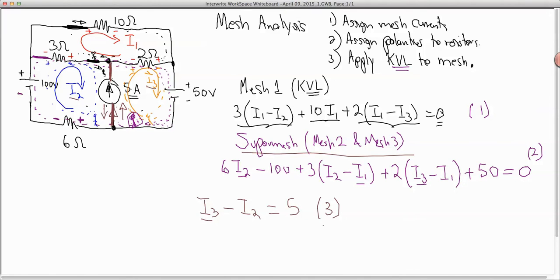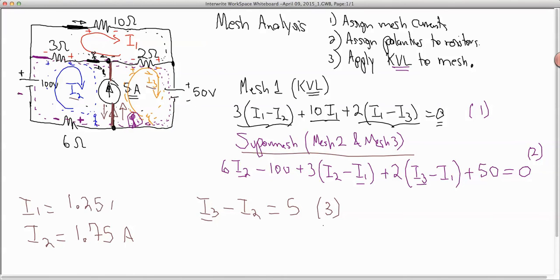If you go to your preferred method to solve this, you're gonna find that I2 is gonna be equal to 1.75 amperes. I1, I'm giving you already the solutions, you can try this at home if you want.